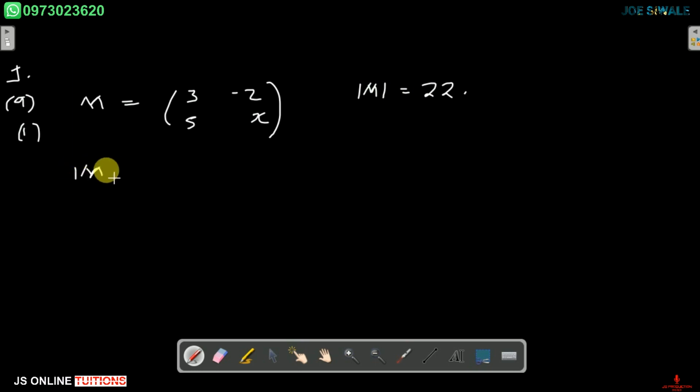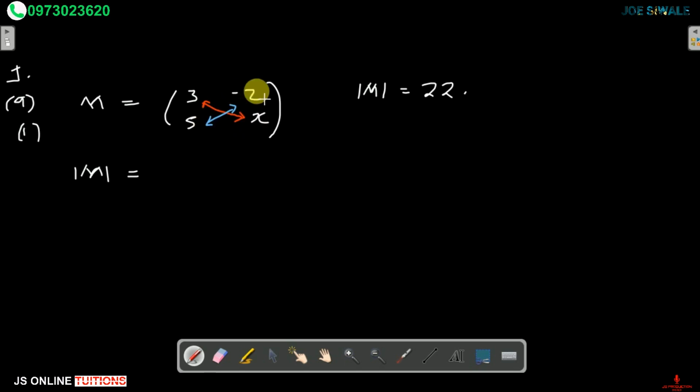So we're going to say that the determinant of M is equal to, we're going to multiply the numbers in the major diagonal minus the numbers in the minor diagonal. What I mean is that we're going to multiply 3 and x there.